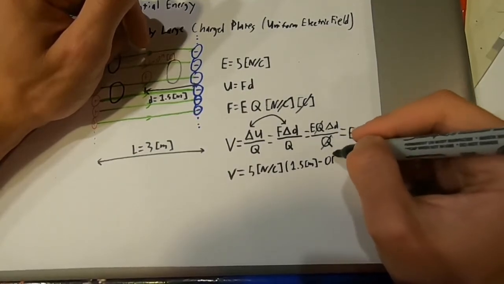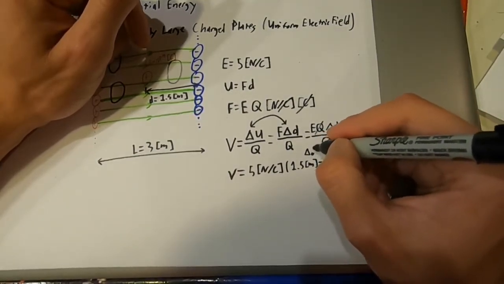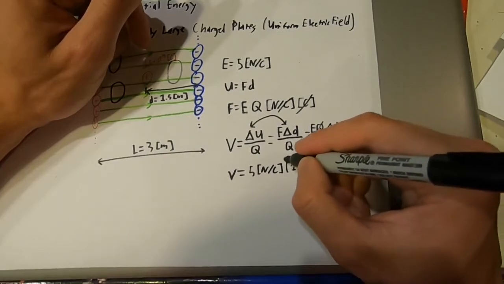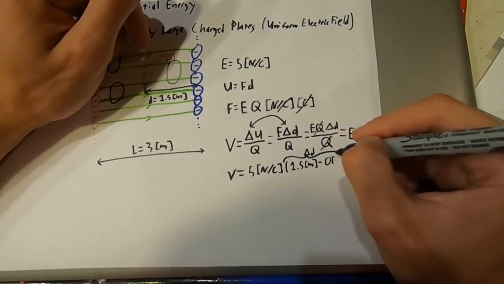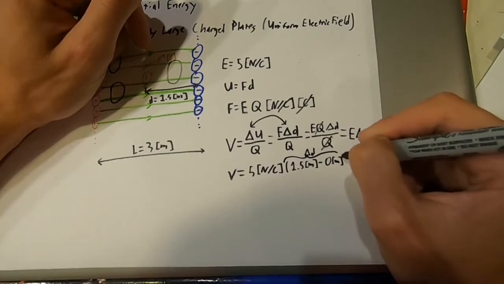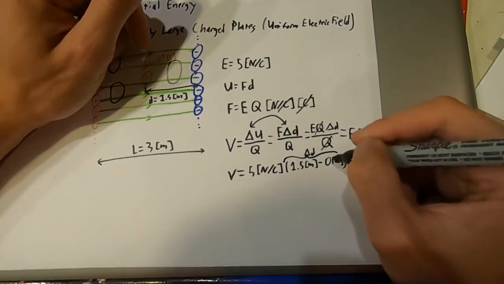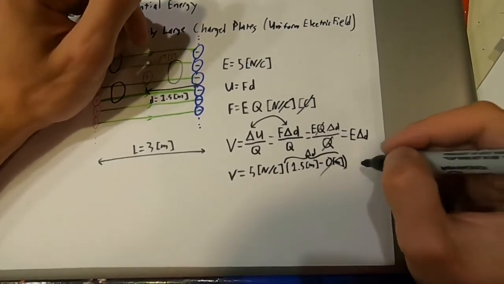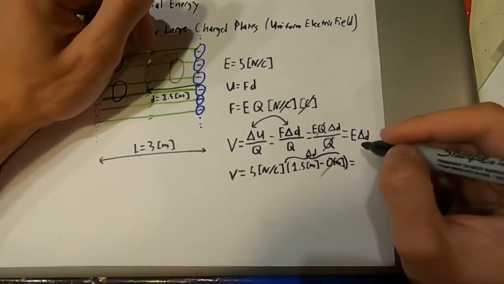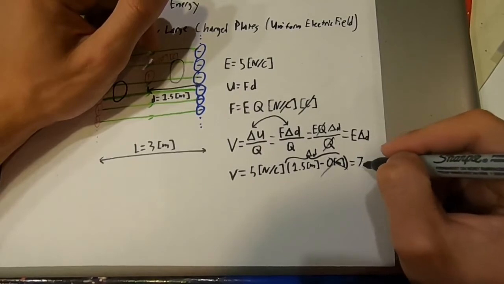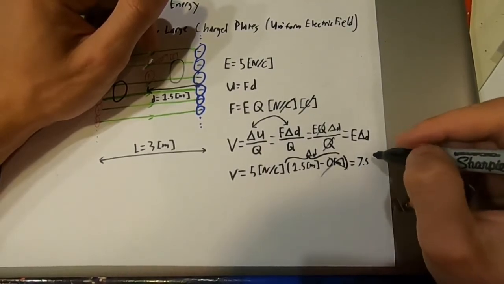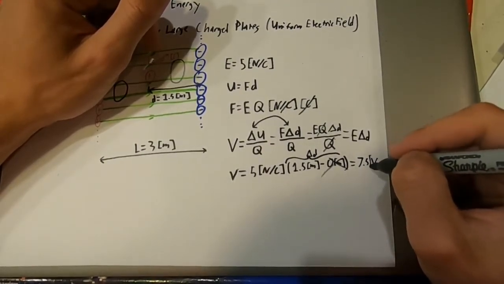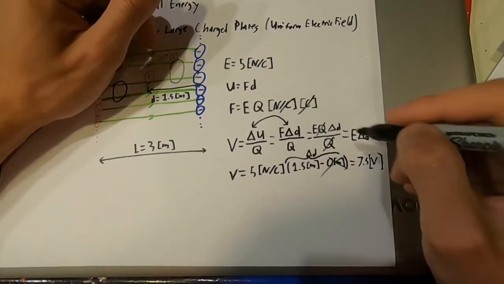Because we're calculating the change. So this is our delta D. So our voltage is equal to 7.5 volts from this point to this point.